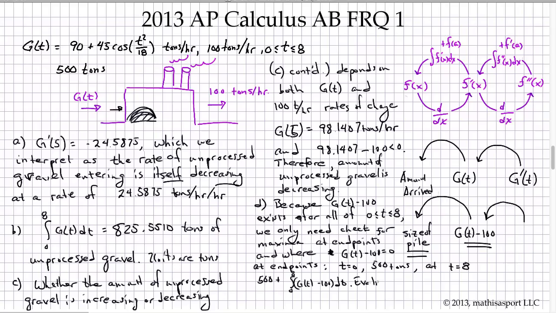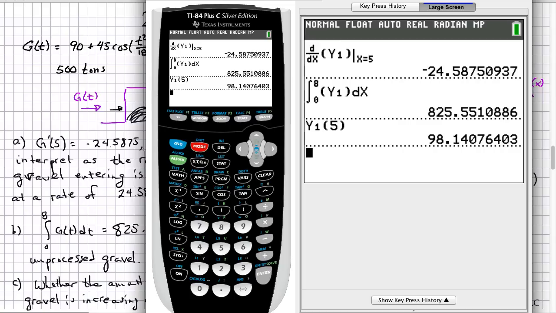Evaluating that numerically, let's do that calculation. So what do we need? We need 500, since that's our initial amount.